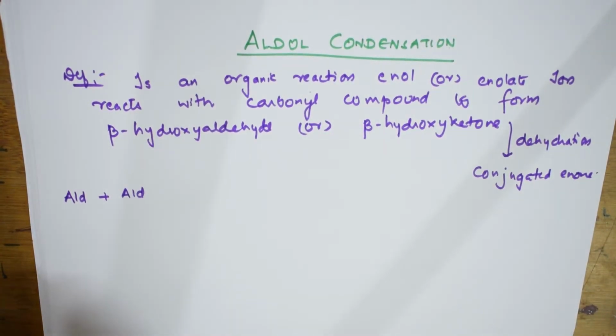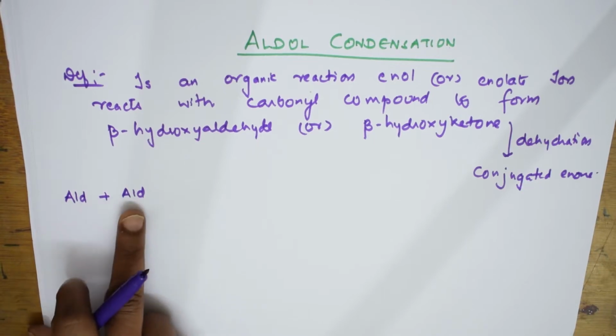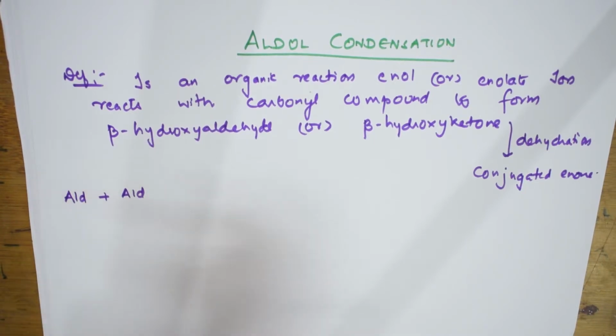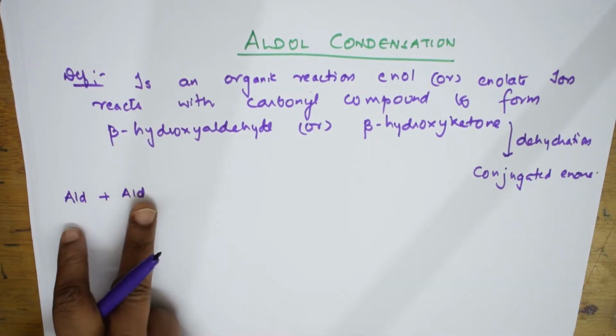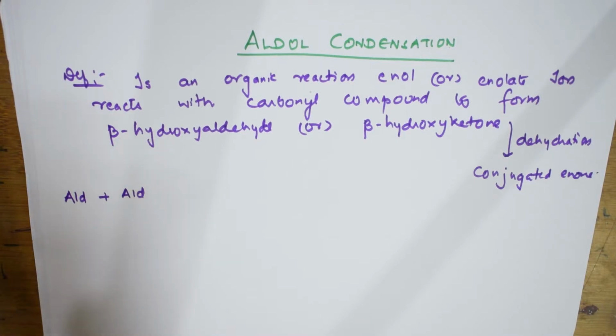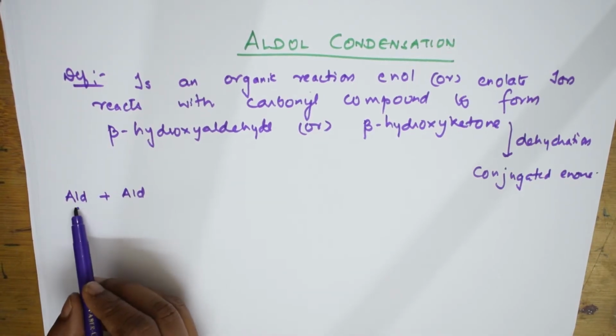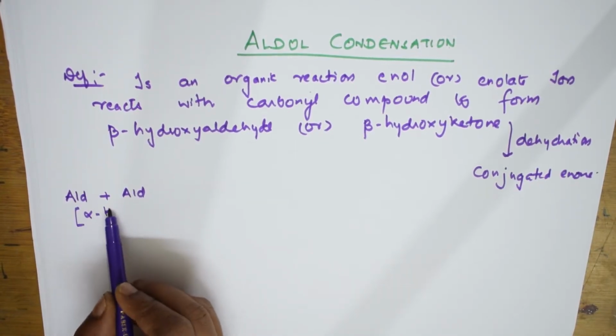This reaction between aldehydes, or it can be a ketone also, not a problem. But you have to remember, if it is an aldehyde and ketone, it becomes a cross aldol reaction. So aldehyde and aldehyde, but what is the requirement? It should have alpha hydrogens.